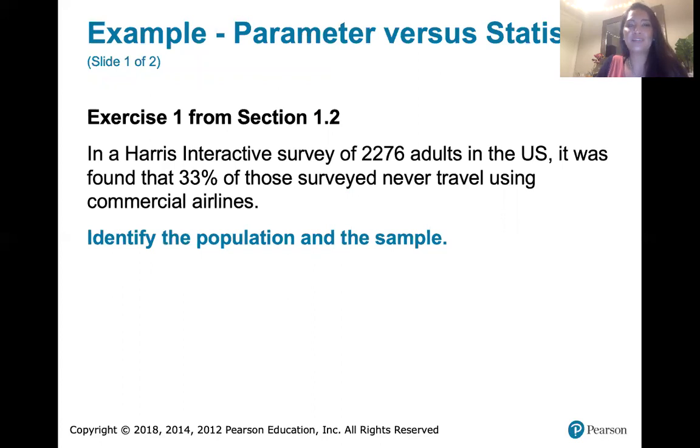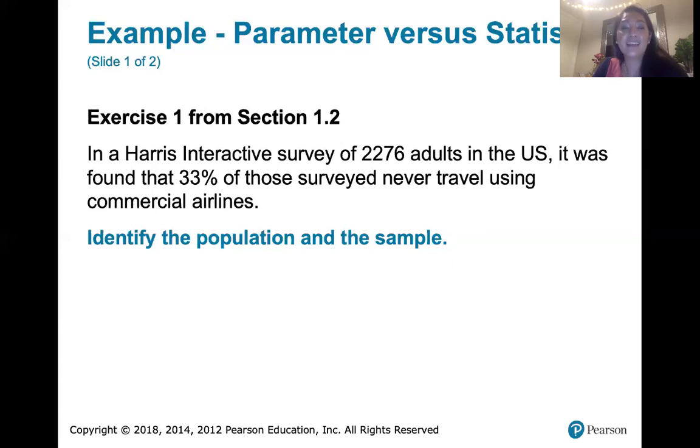First, we're asked to identify the population and the sample. So let's read this again, but more slowly. In a Harris Interactive survey of 2,276 adults in the US, it was found that 33% of those surveyed never travel using commercial airlines.